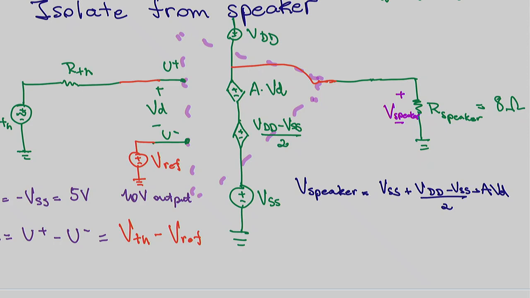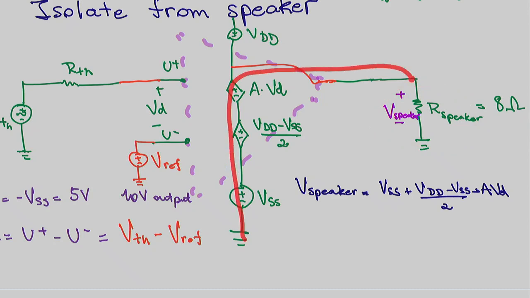Thank you for answering her question. Her question was, how did you get that? Which loop is this? I'm confused. So pay attention here to my laser. We are interested in finding out what V speaker is.